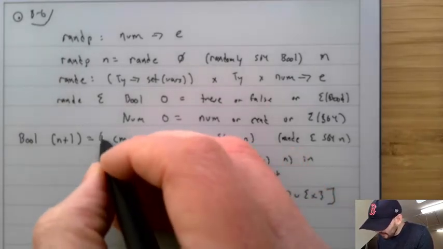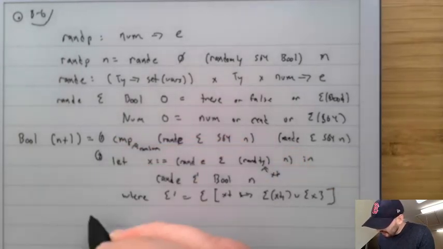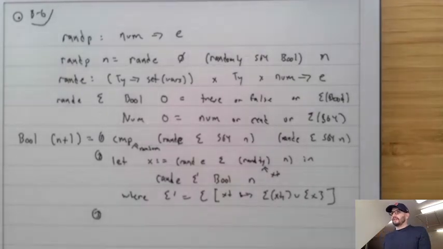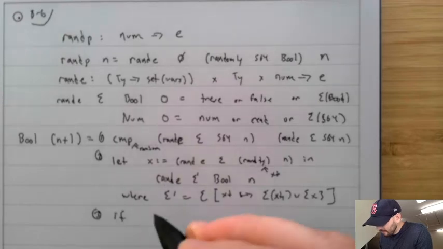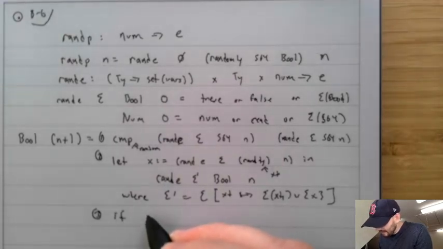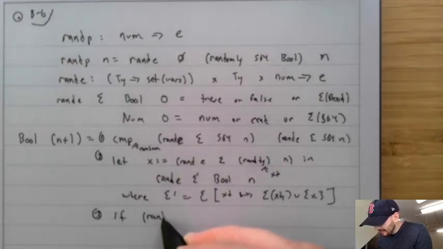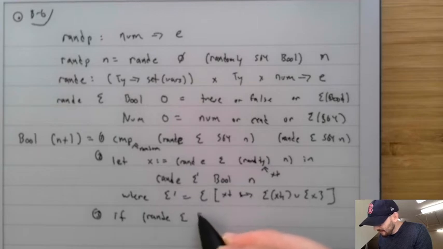This is option 1, this is option 2. Option 3 to generate a Boolean was that we could have an if statement. An if statement would be an if where we have a rand e with sigma, bool, and n.